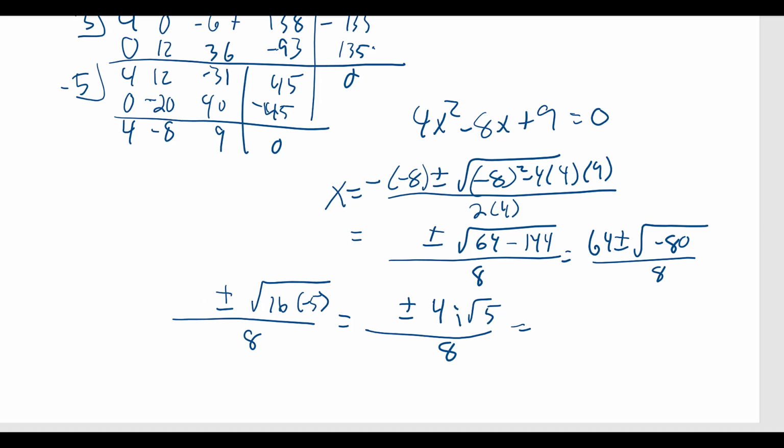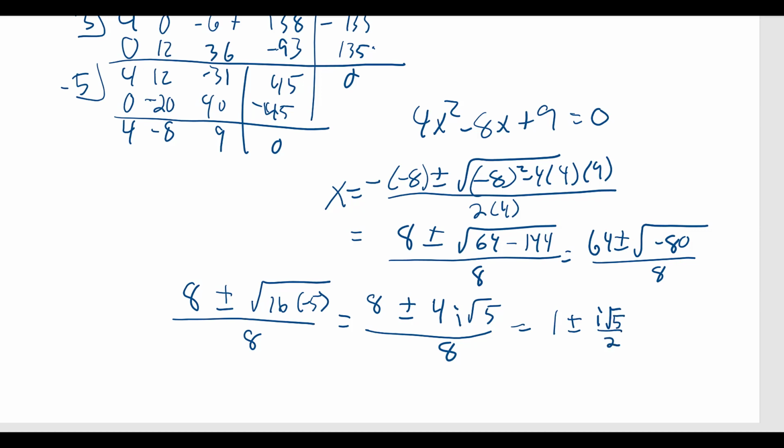I don't know where I got the 64. So that should still be an 8. I was thinking of the square underneath the radical. And so let's see. We're going to divide a 4 out. I guess we've got 2 choices of what we want to do. 8 divided by 8 is 1 plus or minus i root 5 over 2.